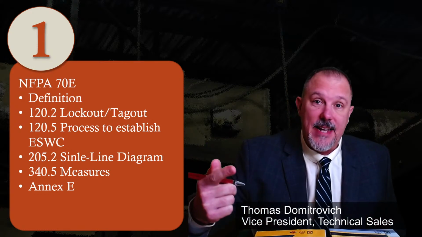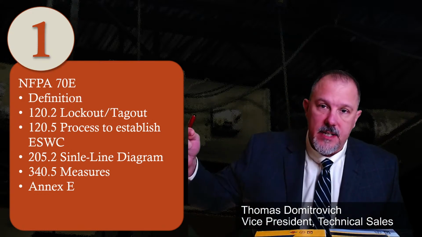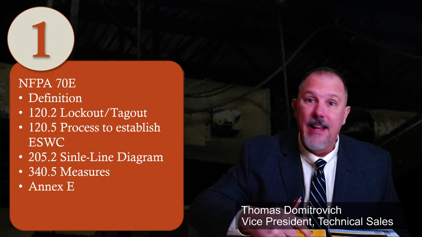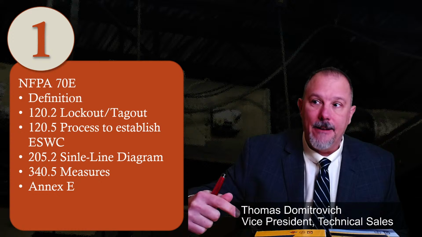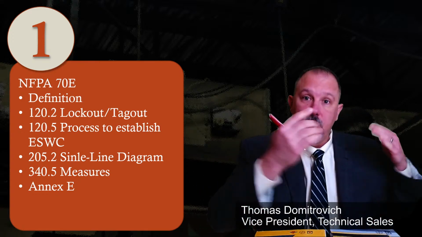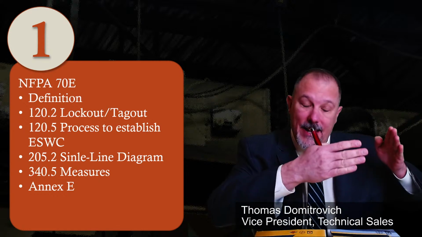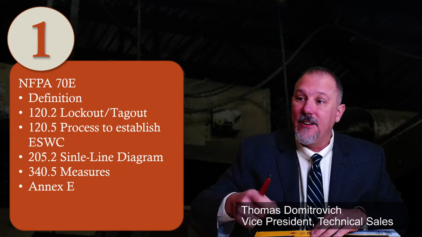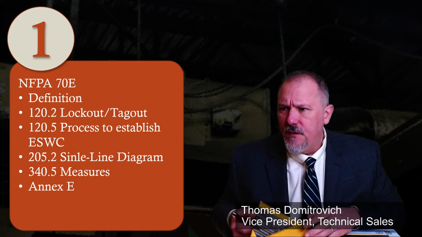Well, what about lockout tagout? If I don't know where the disconnect is or where the overcurrent protective device is that feeds the equipment I'm going to work on, how do I know where to lock and tag it out? And I might have multiple devices to lock and tag out to establish an electrically safe working condition. So your one line diagram is critical.